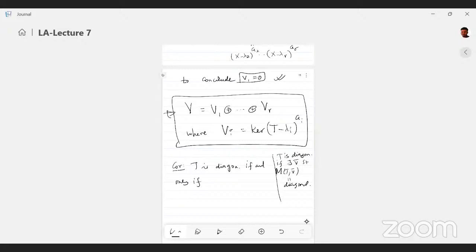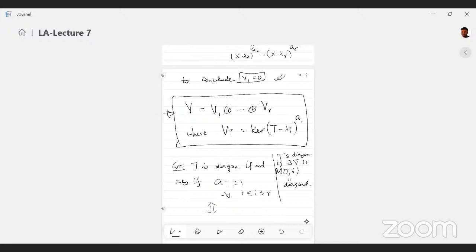You have a generalized eigenspace. When you have a diagonalizable operator, the generalized eigenspace will become what? Not dimension 1. A basis for V. The multiplicity ai becomes 1. So the generalized eigenspace will come down to the eigenspace. So you can see that T is diagonalizable if and only if the ai are 1 for each i.